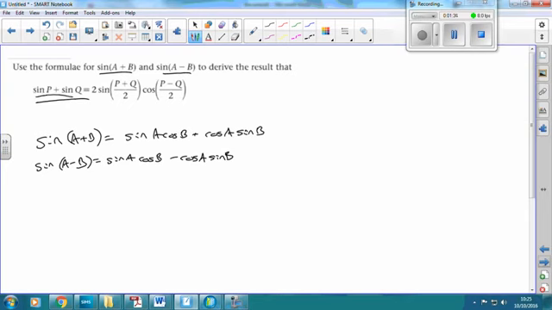So what we're going to do is get to sine p plus sine q equals this thing here. We're going to do this one, add this one.